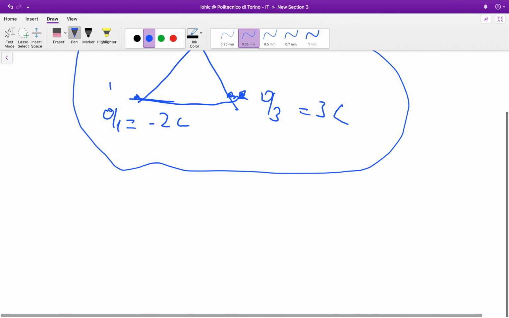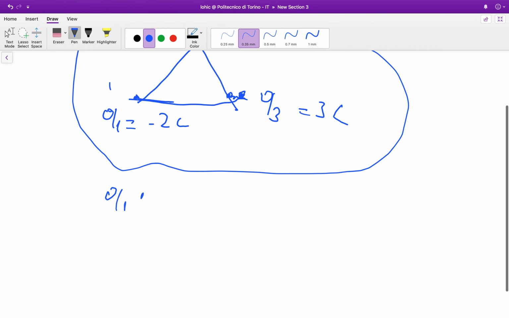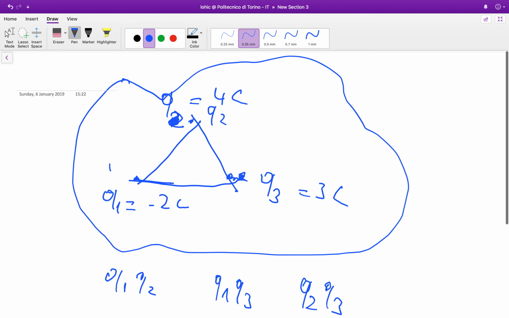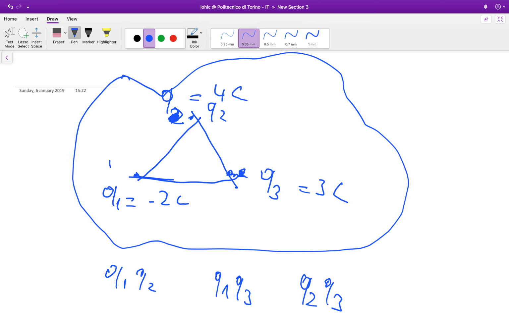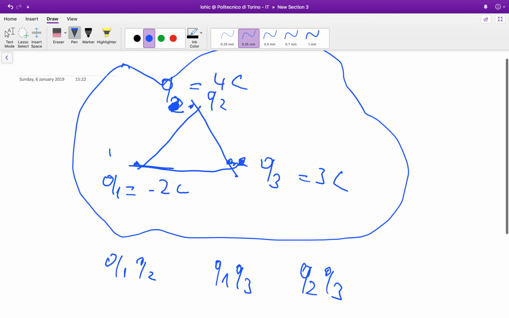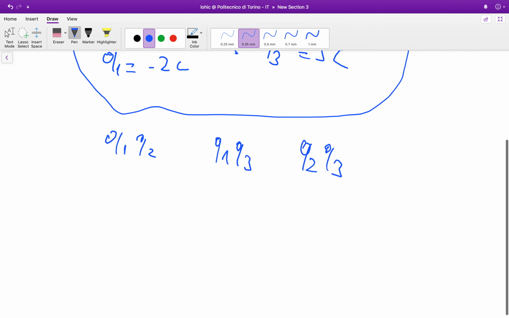So you have the interaction of Q1 and Q2, you have the interaction of Q1 with Q3, and you have the interaction of Q2 and Q3. Doubts? No doubts. We already understood that. For every pair of interaction you can choose one as the source and the other one as the test charge. Is that clear?